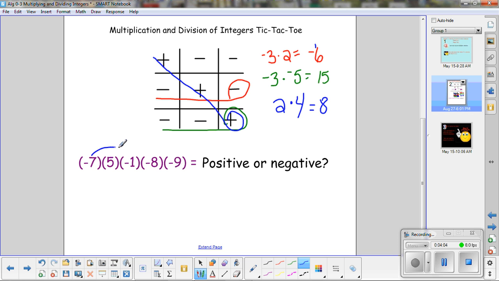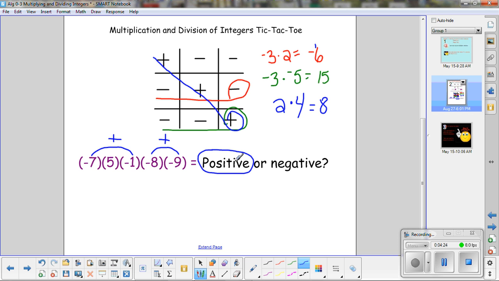For example, a negative 7 times a negative 1 is going to give you a positive, and a negative 8 times a negative 9 is also going to give you a positive, and since the only other number there is a positive, you're going to end up with a positive answer.